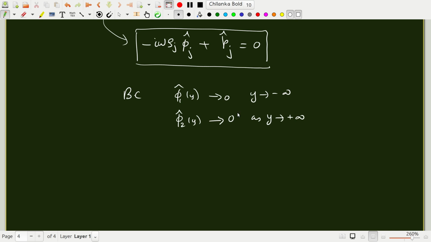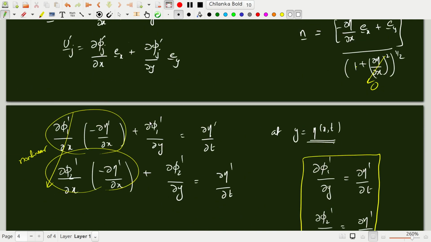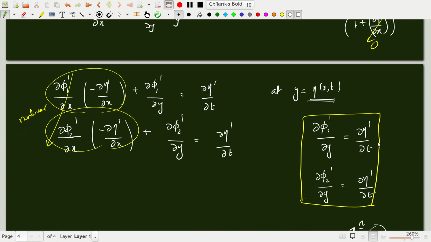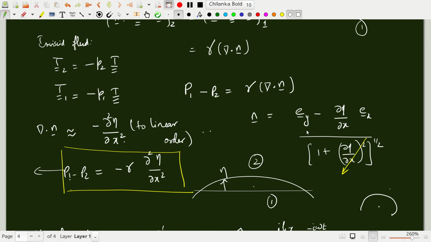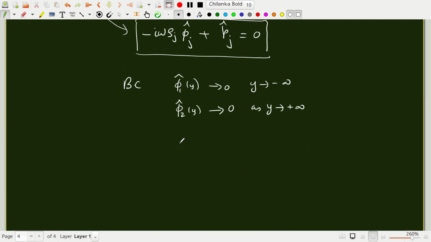now, further you have the interface conditions which we discussed here. So this has to be Fourier decomposed as well. When I do that, what I will get is very simple. Partial phi 1 cap by partial y is minus i omega eta hat.